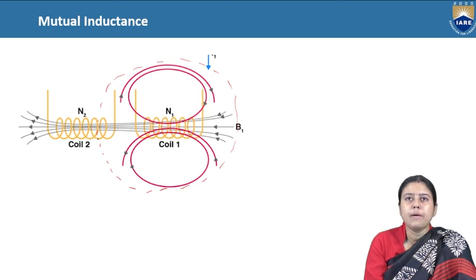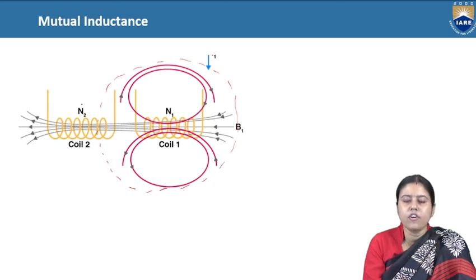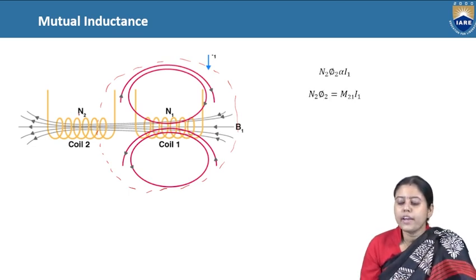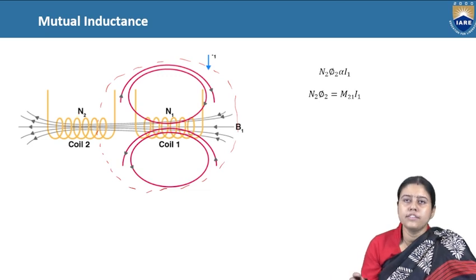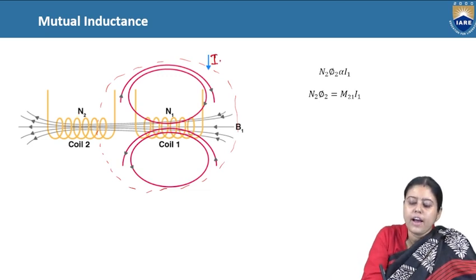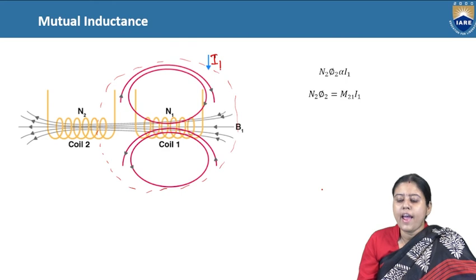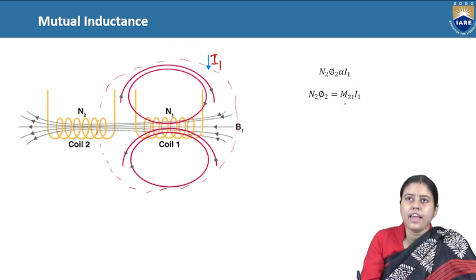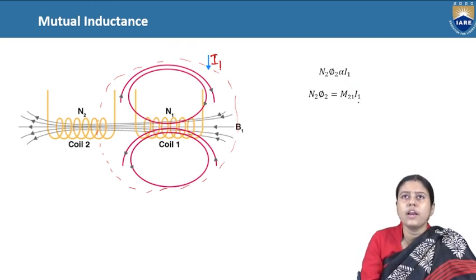If the number of turns in the secondary coil is N2, we can write N2 phi 2 is directly proportional to I1, and the proportionality constant is M21, where M21 is known as the mutual inductance. M21 means the mutual inductance of the second coil due to the current of the first coil.